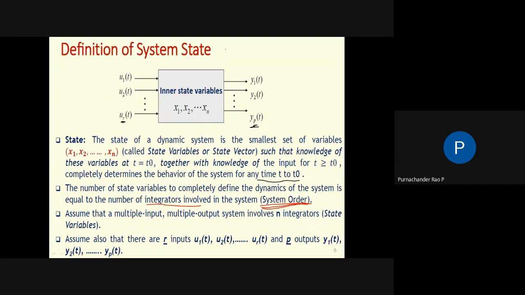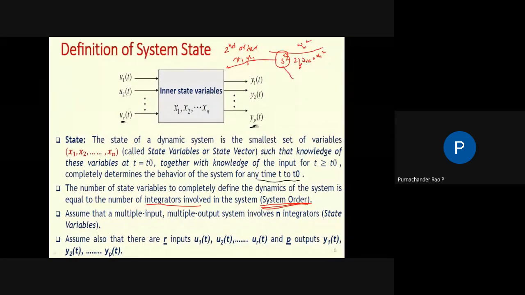If you take a second order system, normally it is represented as omega n squared divided by s squared plus 2 zeta omega n s. This is the standard form. The order of the system is 2, so there are two state variables, which can be called x1 and x2.